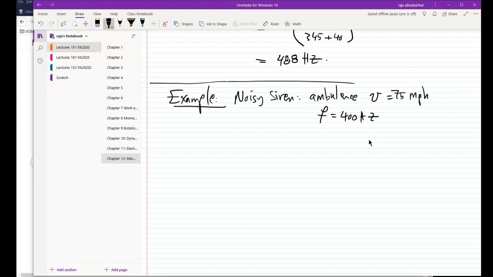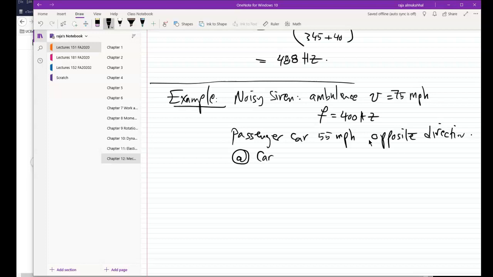What frequency is heard by a passenger in a car traveling 55 miles an hour in the opposite direction? There are two parts, A and B. In part A the car approaches the ambulance, and the other one is the car moves away.